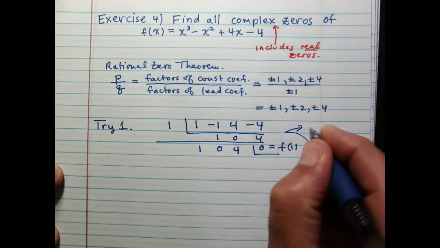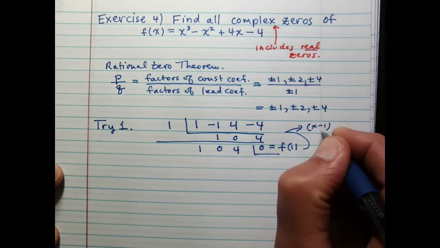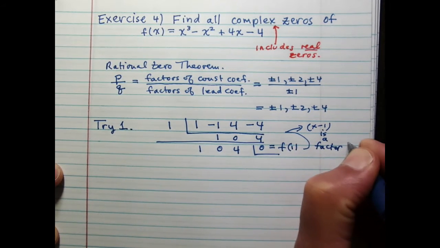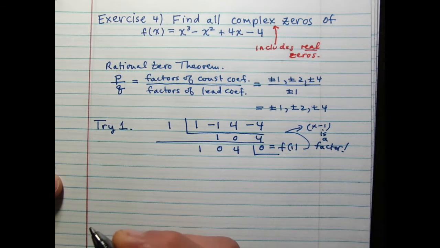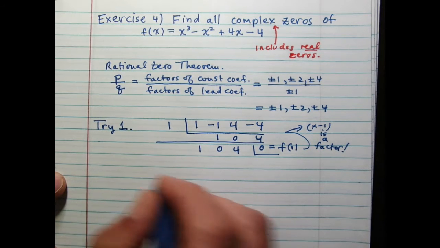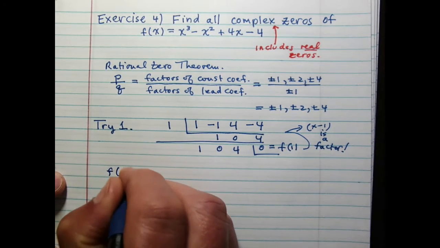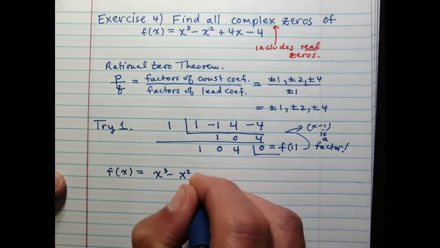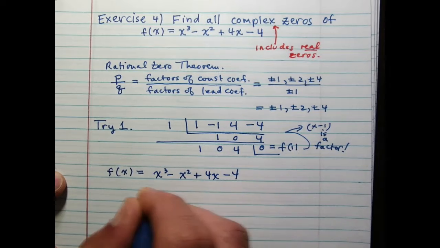And that means x minus 1 is a factor. So I lucked out here. I had good luck right on my first try. And so what can we say? We can take our function f of x, which was x cubed minus x squared plus 4x minus 4.